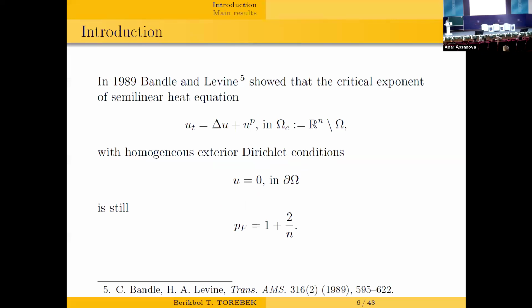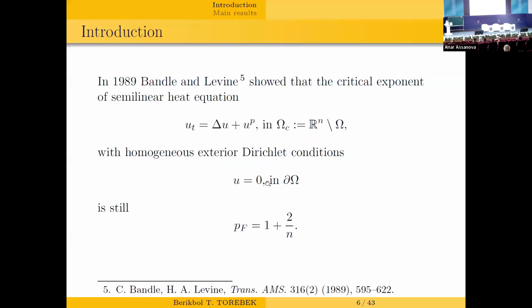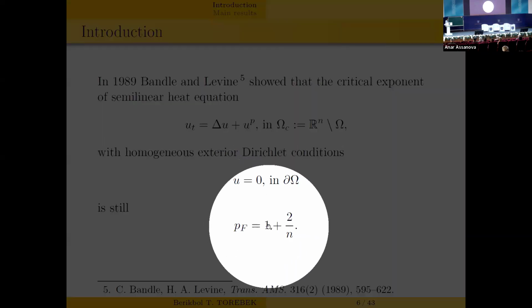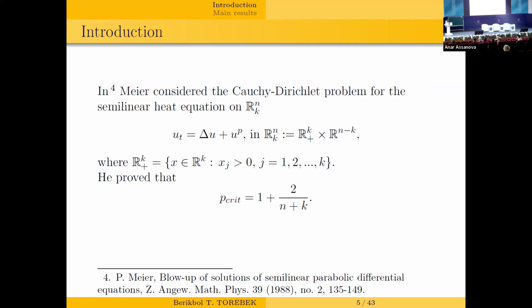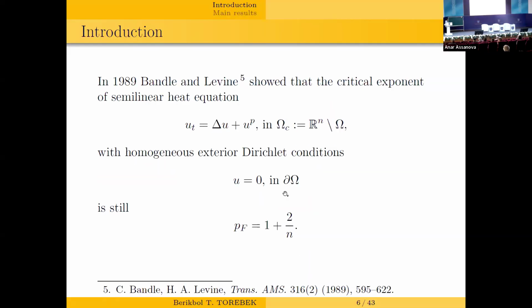And later, Bandle and Howard Levine considered the same problem on the exterior domain with the homogeneous Dirichlet boundary condition. And they proved that the critical exponent is the same as the Fujita critical exponent, because in the previous case it was a little bit different critical exponent, but here it will be the same.